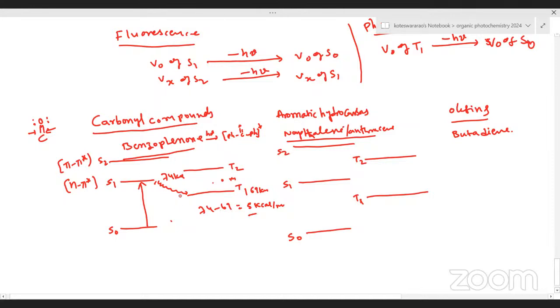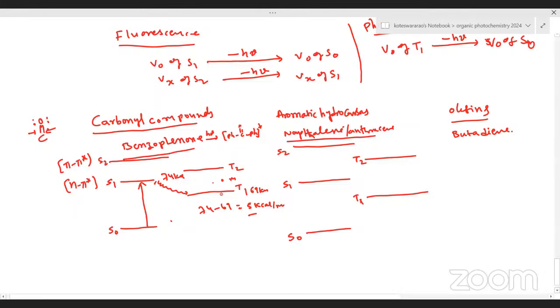Therefore, S1 and T1 in the case of carbonyl compounds are very near to each other. For that reason, carbonyl compounds easily produce the triplet excited state by undergoing intersystem crossing. But in the case of aromatic compounds, the distance between these two is very large.